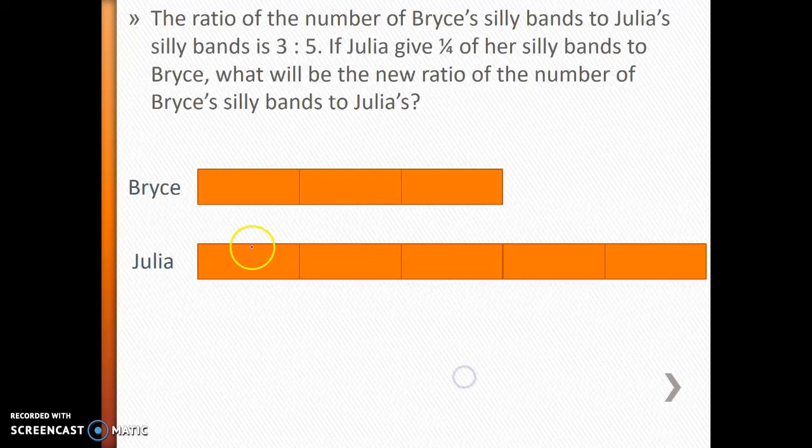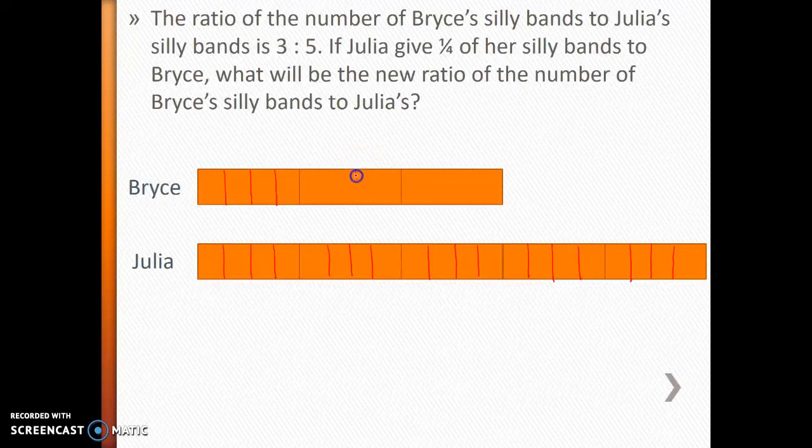So you know what I'm going to do? I'm going to subdivide. And I'm going to make these all into fourths. So if I make each unit into 4ths, I can easily take away 1/4 of them, right? But hopefully you know by now, if I subdivide Julia's ratio or her units, I have got to subdivide Bryce's as well.